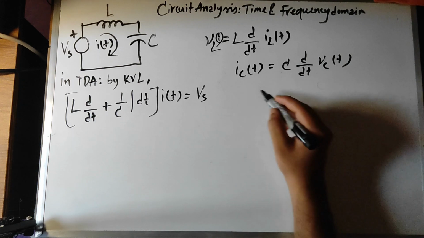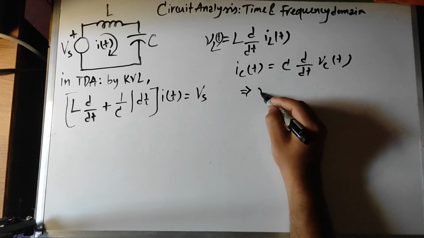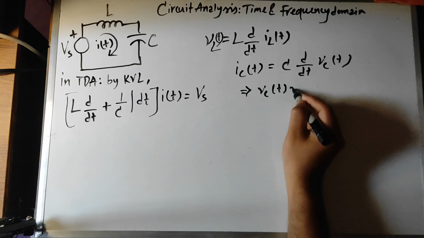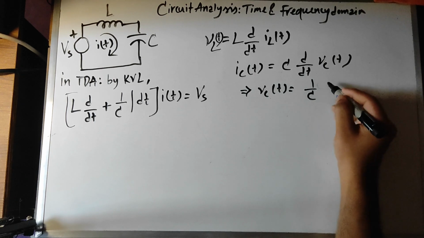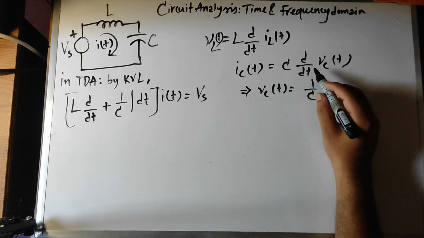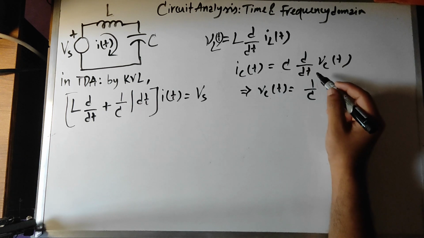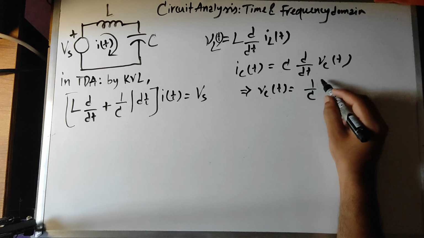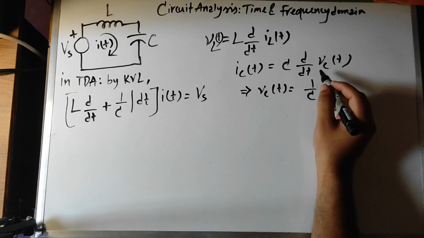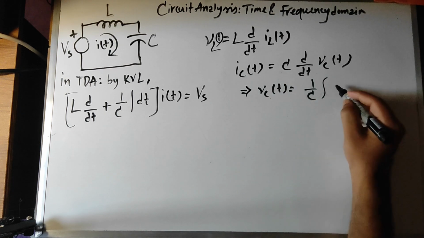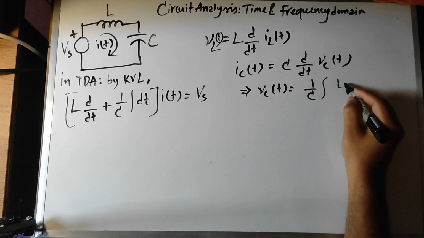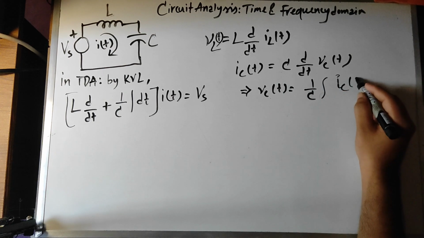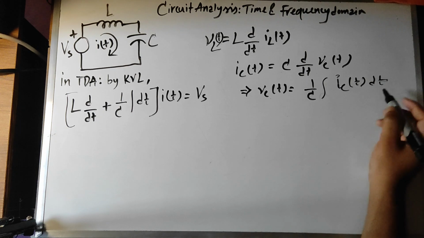This is the expression. Now V_C(t) equals 1/C; if this side is differentiation, then if we take this differentiation to current, it will become integration of i_C(t) dt.